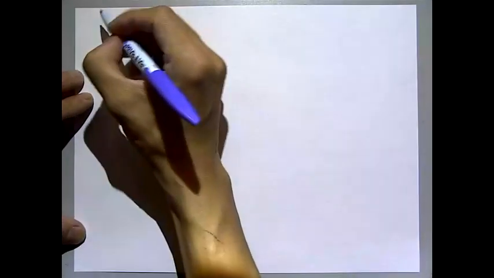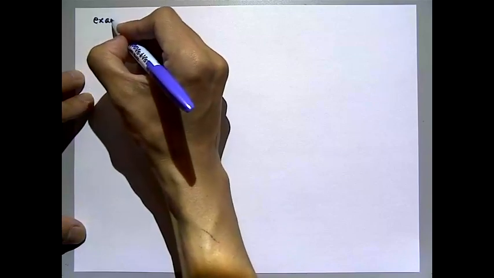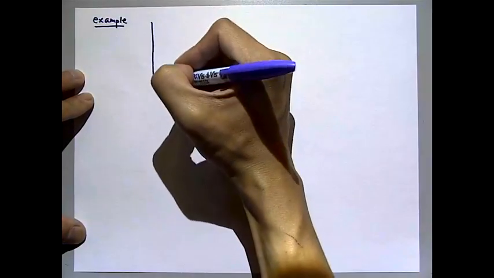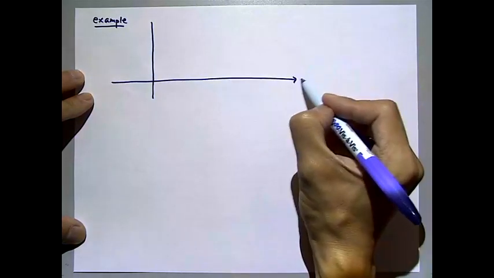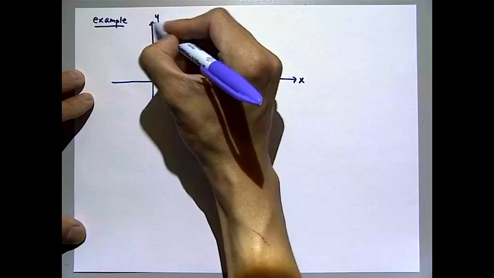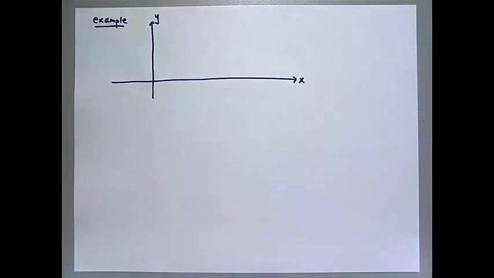Okay, let's do another example with graphs. Well, one graph. I'm going to sketch a graph here whose equation we don't know, but actually it is not relevant at all.